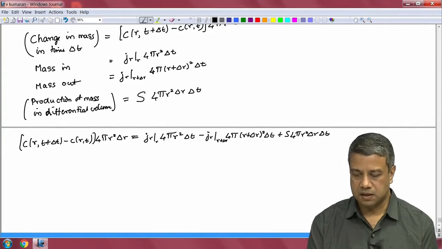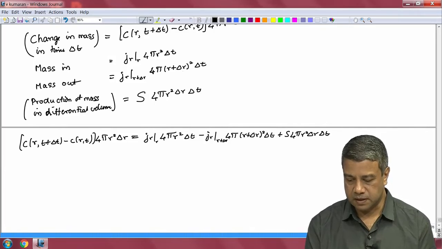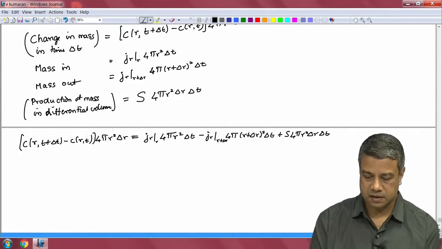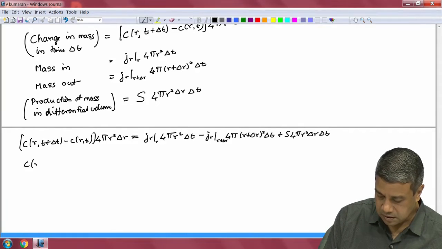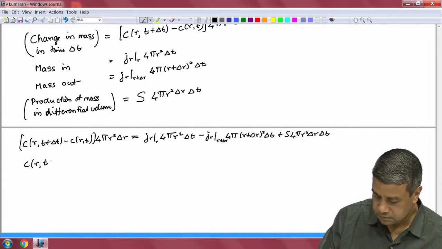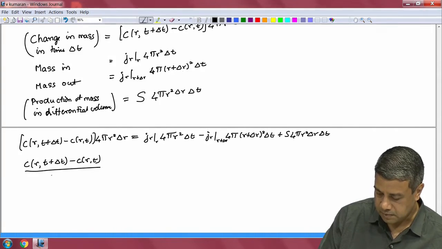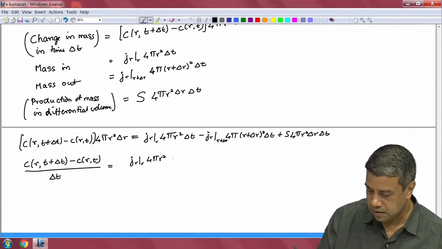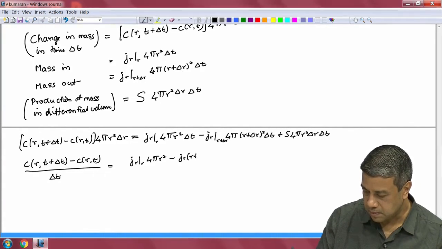From this balance condition, I get the difference equation by dividing throughout by volume and time. I divide throughout by volume, that is 4 pi r square delta r, and divide throughout by time, to get the difference condition, which will give me C at r, t plus delta t minus C at r, t divided by delta t is equal to J r at r times 4 pi r square minus J r at r plus delta r.